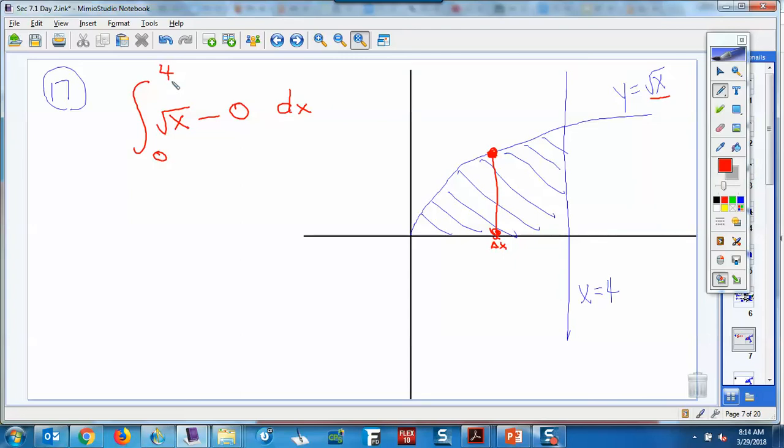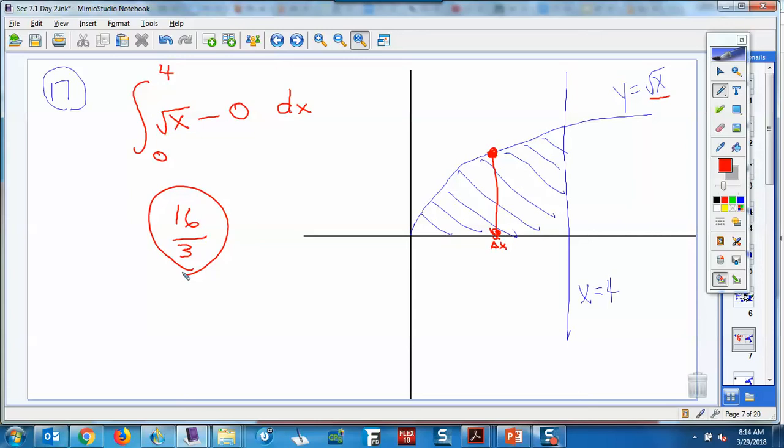Sure it is. It's just the integral of the square root of x. Why would you have to put the minus 0? You really wouldn't have to. But I really want to emphasize this top minus bottom, top y value minus bottom y value. All right, and so what do you get for an answer on that one? 16/3. Okay? So that's that area.